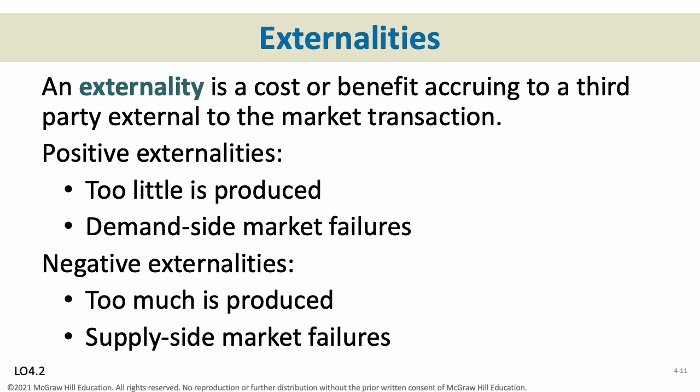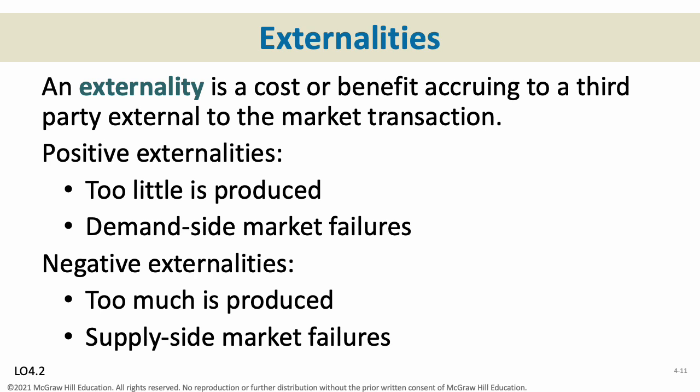So when it comes to products themselves, we can have what are known as externalities. And externalities are costs or benefits which accrue to a third party external to the transaction. So we have products we would consider which are both positive and negative to society. What would something possibly be with a positive externality? Let's say you trade in your old gas-guzzling car for a new electric car.